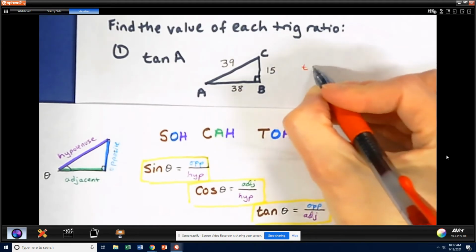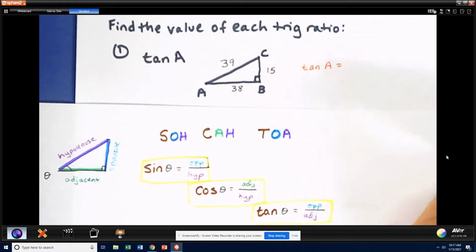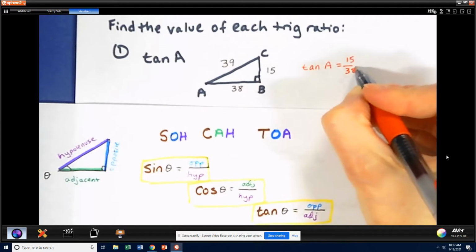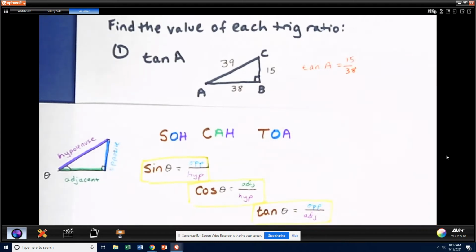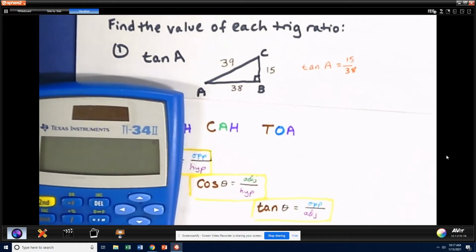So the tangent of angle A would equal 15 over 38. Now we normally will convert that to a decimal, and we will round that decimal off because it goes on for a very long time.